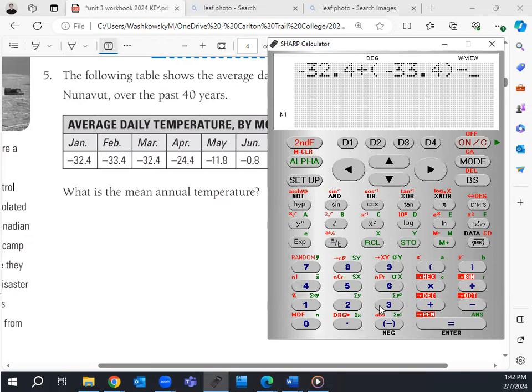So I'm just going to quickly power through this. 24.4. Again, your calculator can do all this hard work for you.